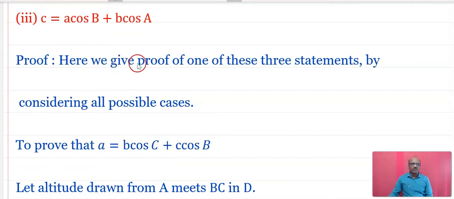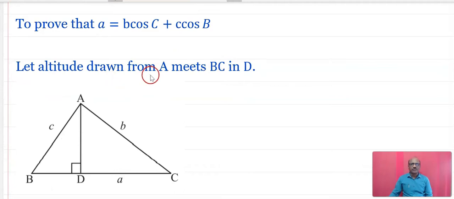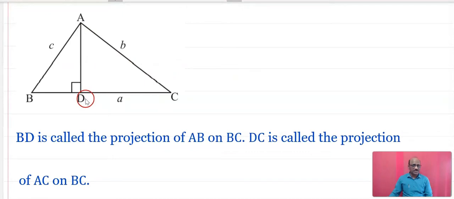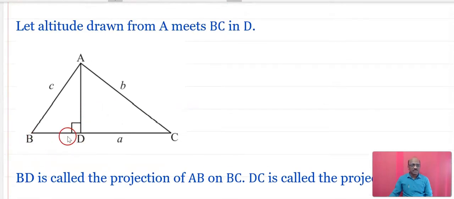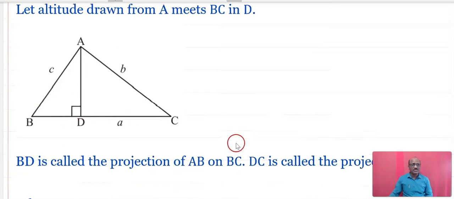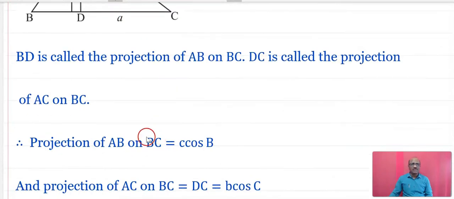Here we give proof of one of these three statements by considering all possible cases. To prove that a = b cos C + c cos B, let the altitude drawn from A meet BC in D. BD is called the projection of AB on BC, and DC is called the projection of AC on BC.